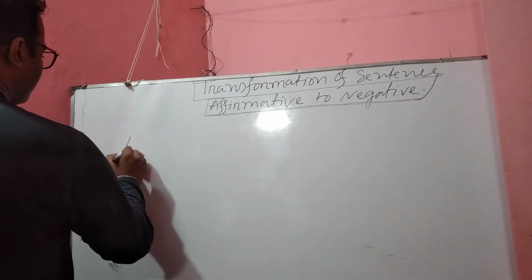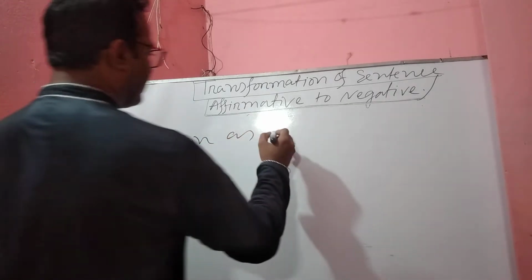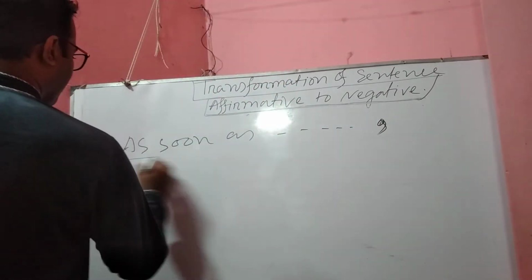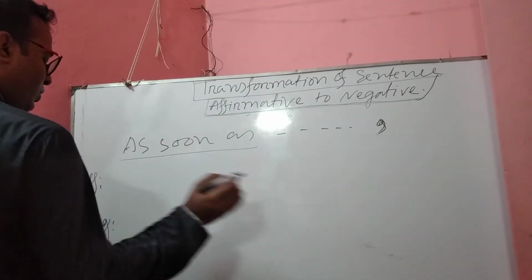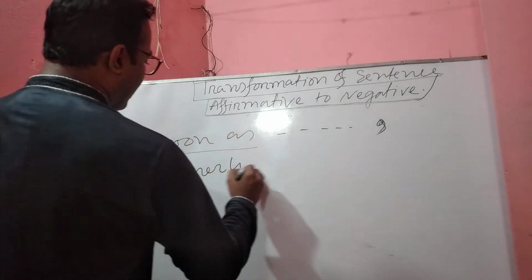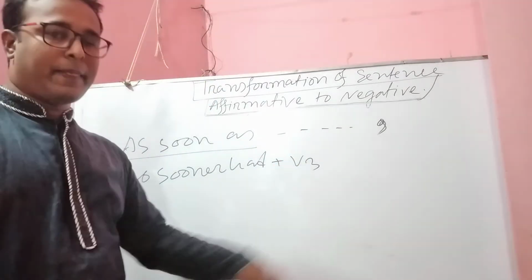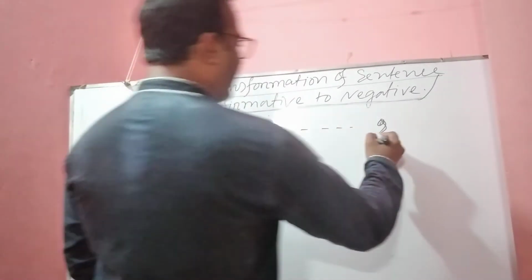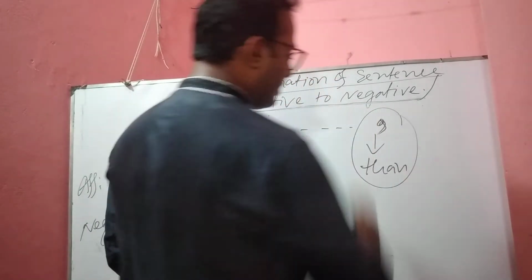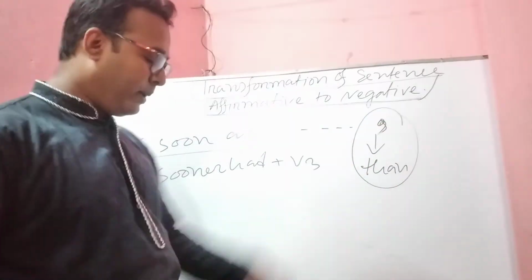Now, as soon as. Instead of as soon as, you have to use no sooner had plus PP. Here the PP means past participle form of the verb, and then you have to use then instead of comma.